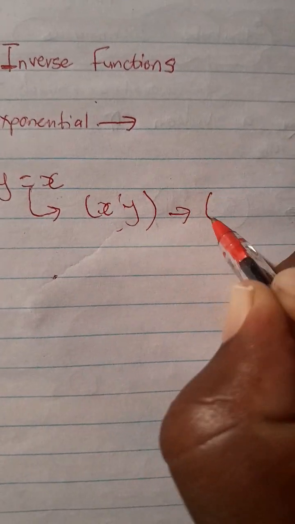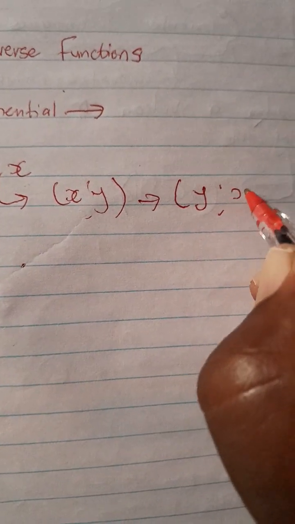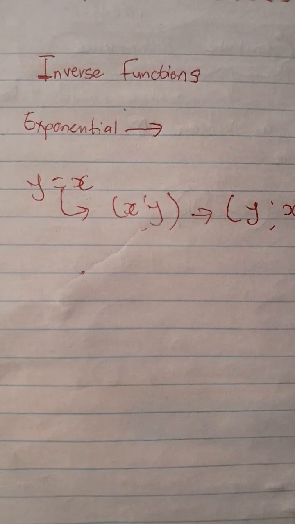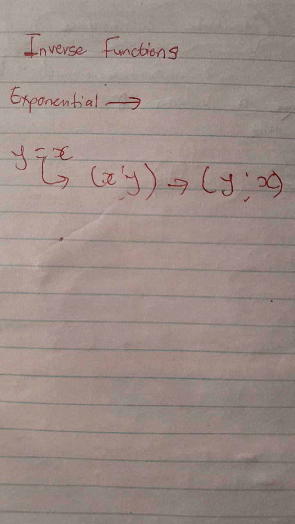Then you swap or interchange. Where there is x, you replace it by y. Where there is y, you replace it by x. So inverse is about interchanging or swapping the x coordinate and the y coordinate.